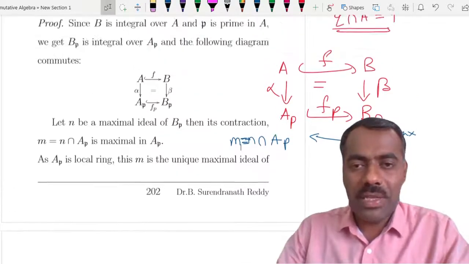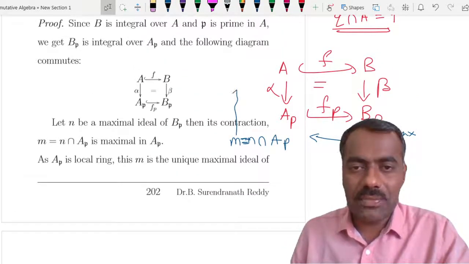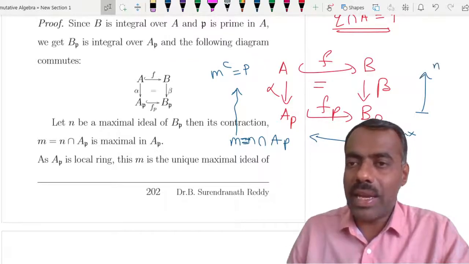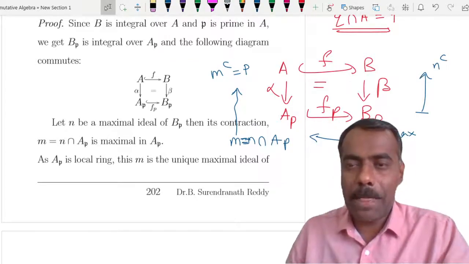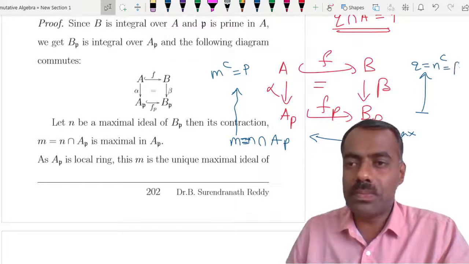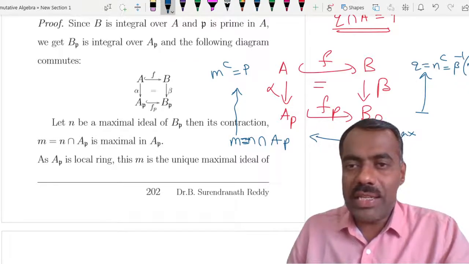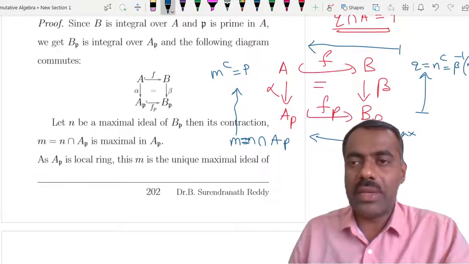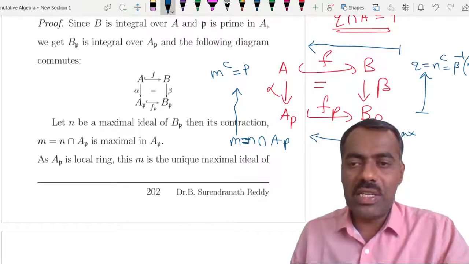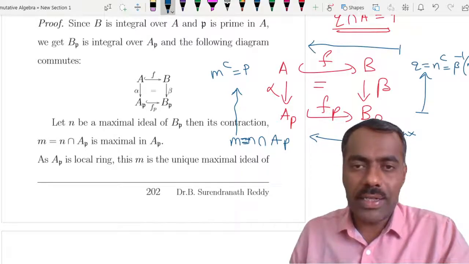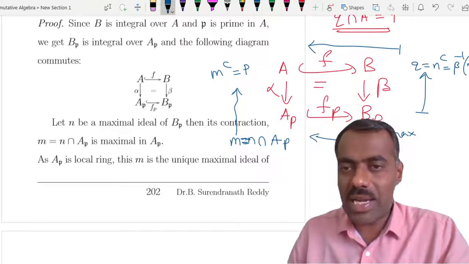Now the obvious thing is you take its contraction: M contraction, that we know has to be P, right? And you take the contraction of N, or beta inverse of N, and call it Q. Because of commutativity, M is coming from this N, so you contract it again and again, which is the same as going from N through this contraction and this contraction.